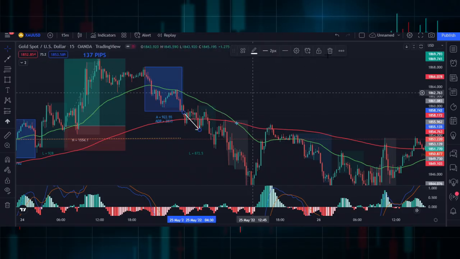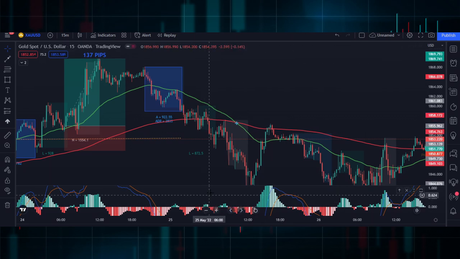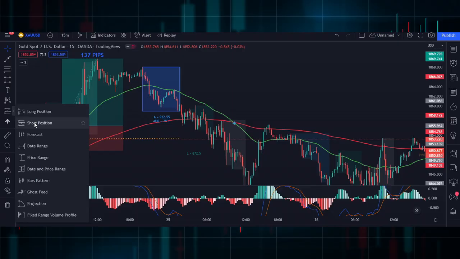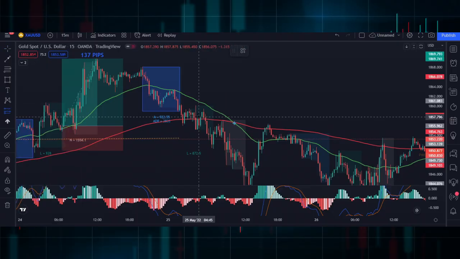And price actually gave us an entry right here on the very first green bar on the MACD histogram. And as you can clearly see, this is a loss, as price continued to go down, even after it came up a bit here.